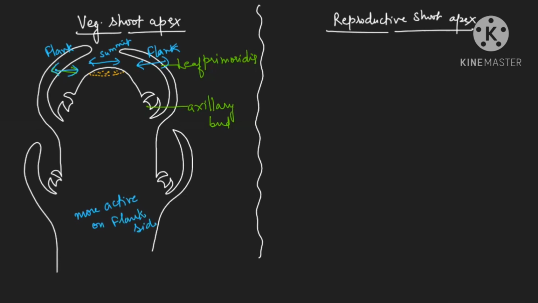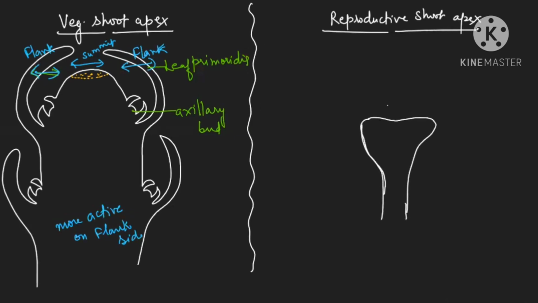Is it clear? But in the case of the reproductive apex, the summit will become flat. The summit is becoming flat, and it is producing now. In the center, you are finding it has gynoecium, that is carpel, ovary, style, stigma. Then you have this stamen.